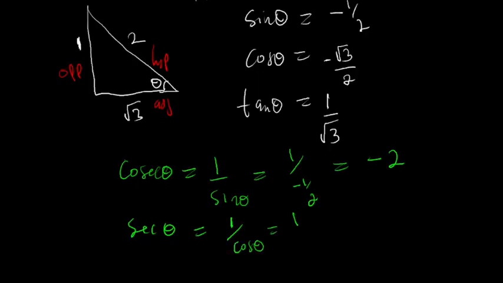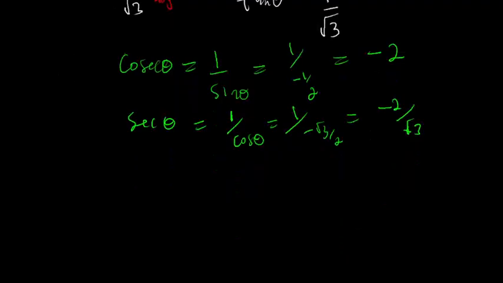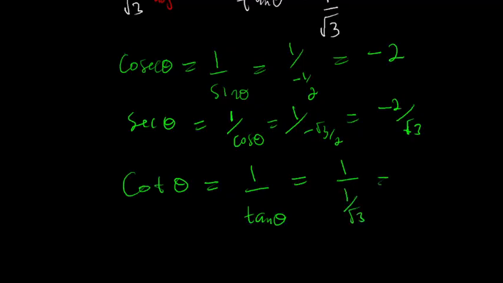And what is cos theta? Minus root 3 over 2, and that is minus 2 over root 3. And the last one is cot theta. Cot theta is 1 over tan theta, and that is equal to 1 over 1 over root 3, and that is equal to root 3.